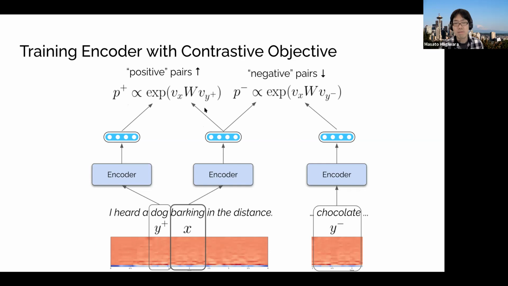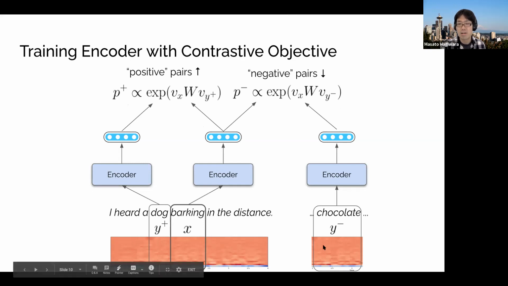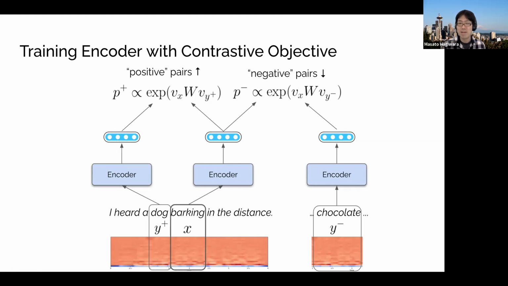You do the same for some random words that you chose from somewhere else, like chocolate, which has nothing to do with barking. Maybe some dogs are excited about chocolate, but usually if you just choose a random word from somewhere else, there's little chance that this has anything to do with the target word.